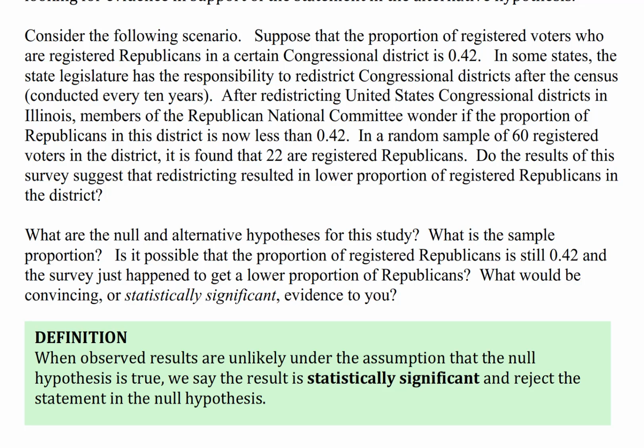After redistricting United States congressional districts in Illinois, members of the Republican National Committee wonder if the proportion of Republicans in the district is now less than 0.42. So in a random sample of 60 registered voters in that particular district, it's found that 22 are registered Republicans. Do the results of this survey suggest that redistricting resulted in a lower proportion of registered Republicans in this particular district?